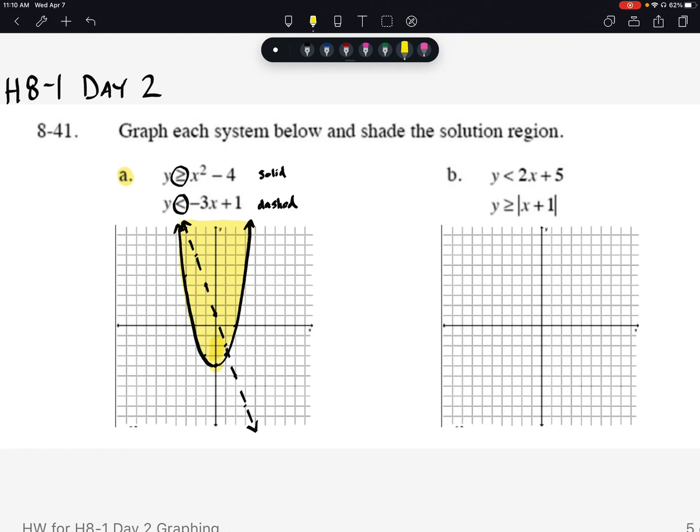Now we also need to identify all the solutions that are less than the line -3x plus 1, and those would be all the ones that are underneath it. So if we put our pen on our line and we went down, we'd be on the side where our y's are less. So we are shading everything beneath our dashed line.